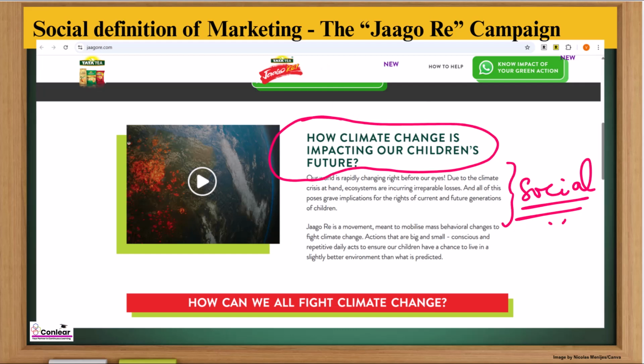It also mentions that Jagore is a movement. If you read here, Jagore is a movement meant to mobilize mass behavioral changes to fight climate change. Actions that are big and small, conscious and repetitive daily acts to ensure our children have a chance to live in a slightly better environment than what is predicted.